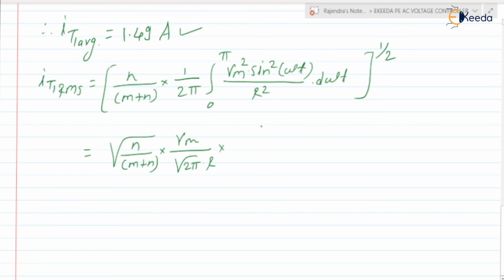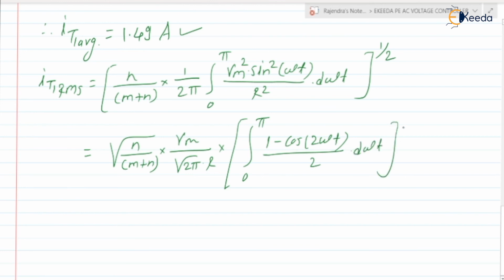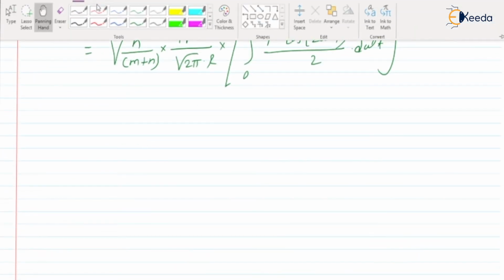So into integration from 0 to pi of Vm square sine square of omega t, which is 1 minus cos of 2 omega t divided by 2, into d omega t, to the power 1 by 2.